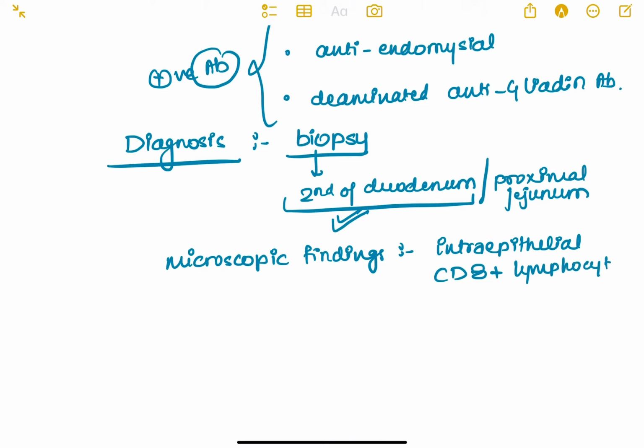Okay, and the next is there will be villus atrophy, and the next is there will be crypt hyperplasia. So these are the important things that we have to learn about celiac disease. Okay, so this is all about celiac disease.